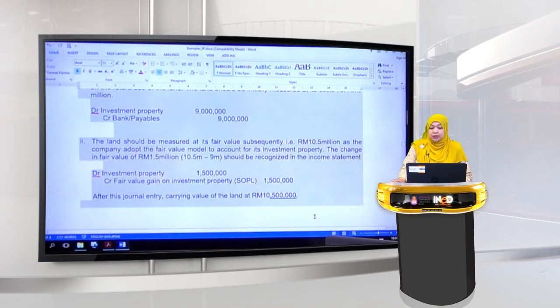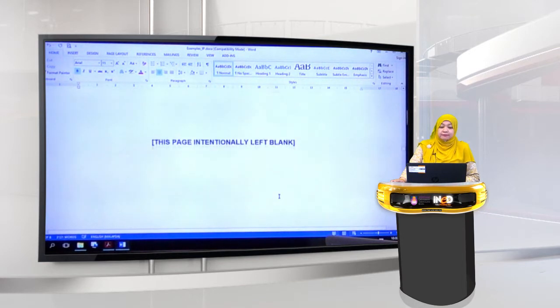We have to debit investment property and credit fair value gain on investment property 1.5 million. So in the land of investment property account, we will record the value at 10.5 million.